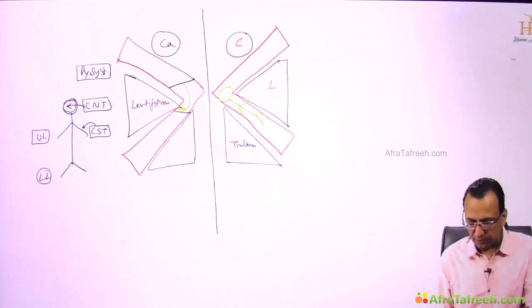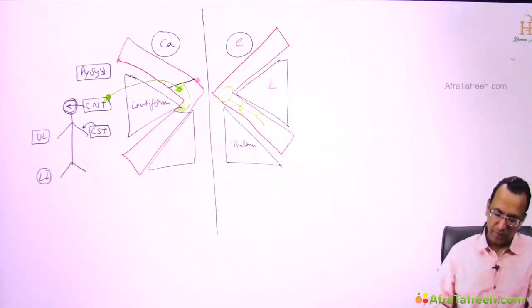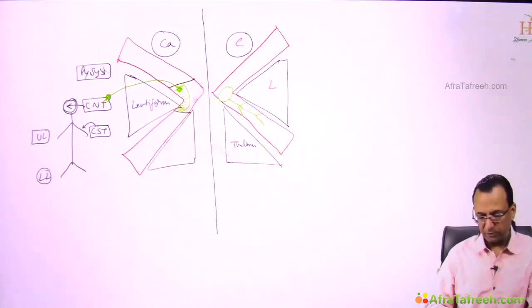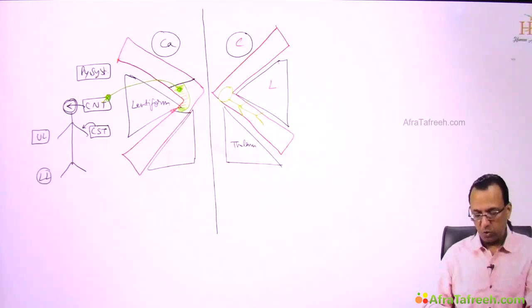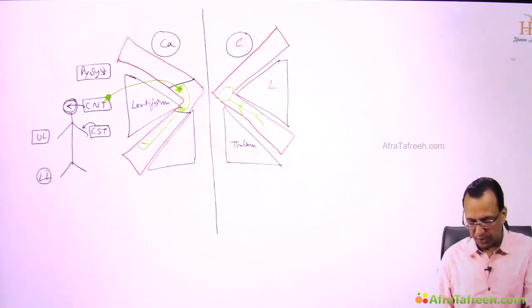So motor fibers passing more laterally means the corticonuclear tract will be passing more laterally. Then the sensory fibers will be passing more medially. And who will be carrying the sensory fibers from the face? That we will discuss. But here it is the motor fibers which are passing more laterally. So what about the corticospinal tract? It is also here, more lateral.